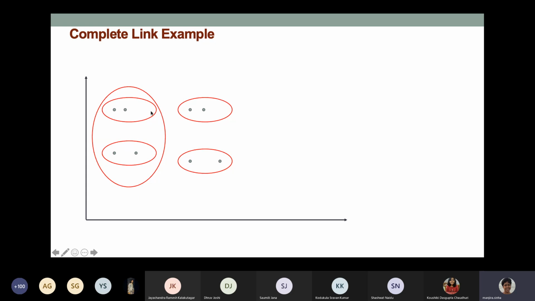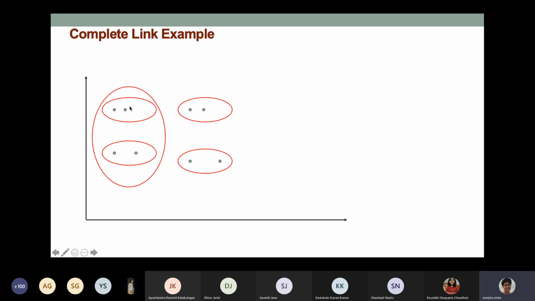The reason being, in single link clustering, among the clusters' nodes we took the minimum of the distances as the similarity measure, but now we are taking the maximum of the distances.